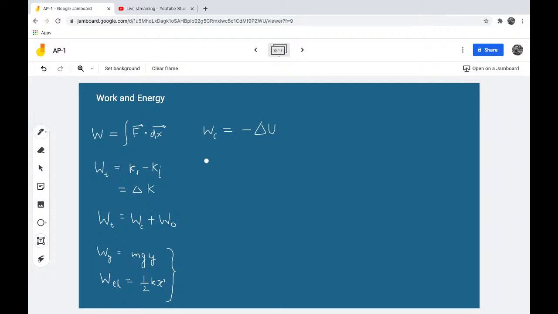One of the forms that I will write is delta U, the change in the potential energy, plus the change in the kinetic energy, if only conservative forces are working, is equal to 0. So if potential energy increases, kinetic energy has to decrease, and vice versa.